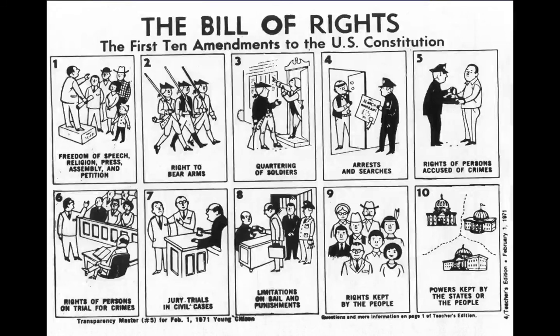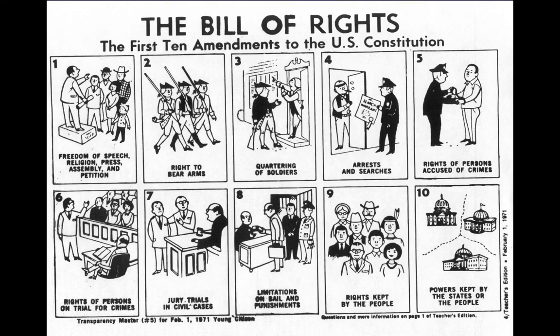But this right here is a really simple breakdown of the first 10 amendments to the U.S. Constitution that became known as the Bill of Rights. The First Amendment deals with freedom of speech, religion, freedom of press, petition and assembly.